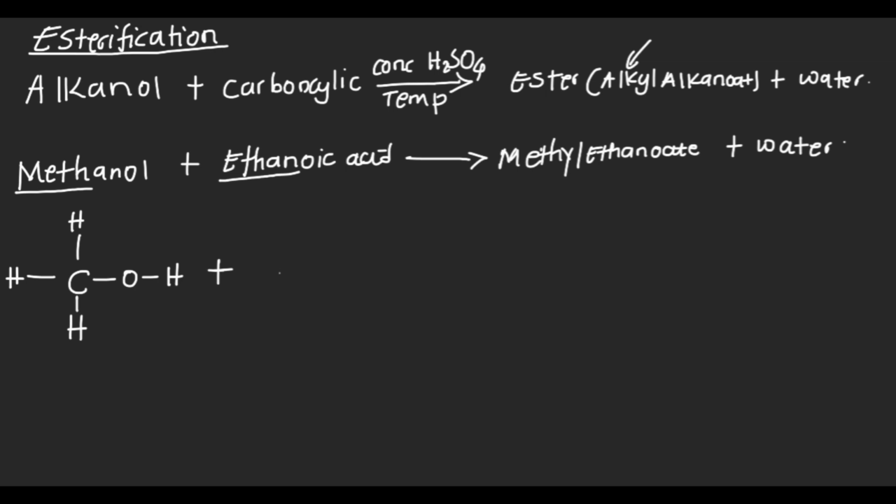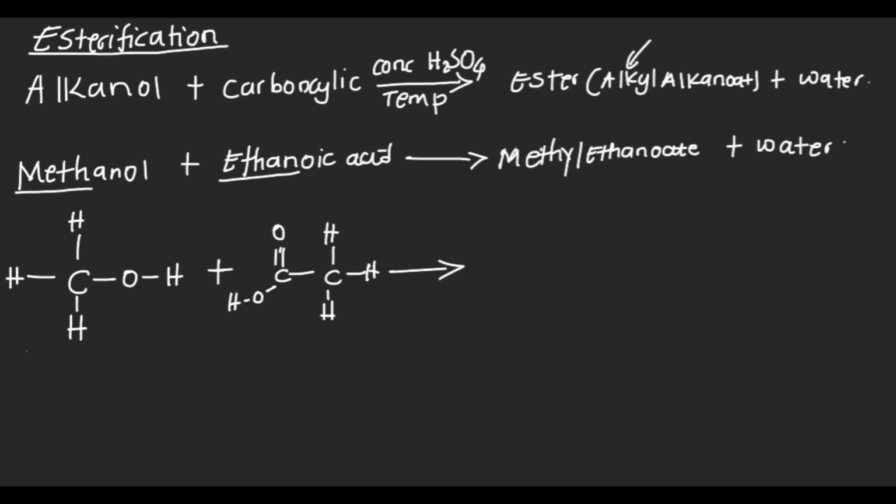Under ethanoic acid, we are going to have two carbons. From the acidic part, we need to have this carbonyl group. Then we also have to look at what happens when these two reactants are reacting.